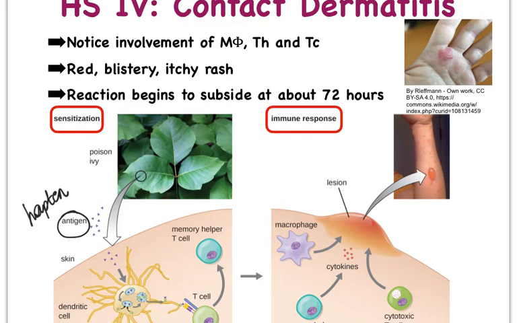And then when a person is re-exposed, within a few days, we're going to see that the hypersensitivity reaction occurs, because this time our memory T helper cells are going to activate, with the help of cytokines, macrophages to trigger inflammation, as well as our cytotoxic cells.